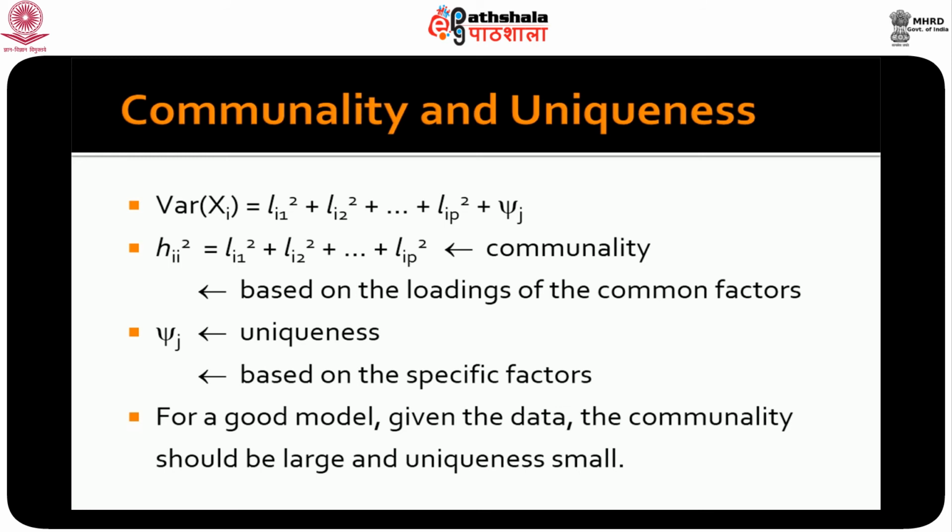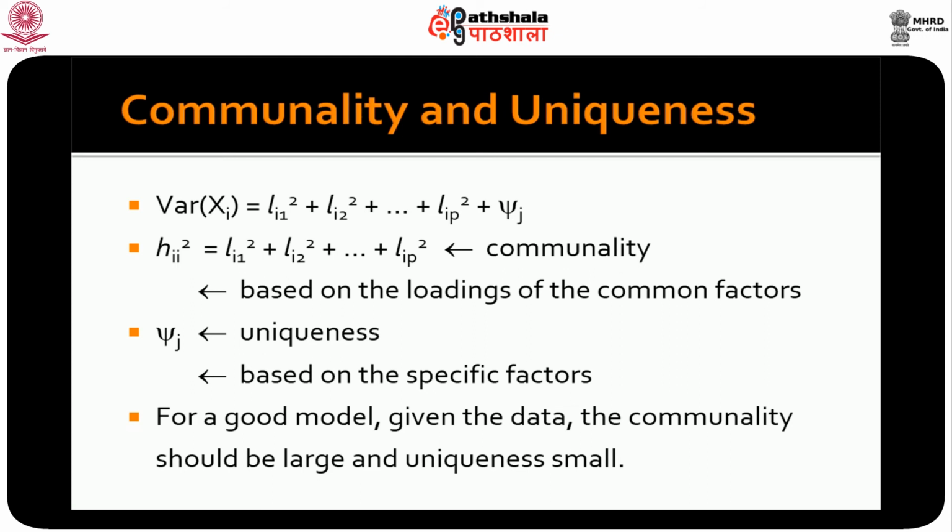So, one part of the variance of x is explained together by the different factors, common factors, and hence we say that it is the communality, and the other is a unique factor given by the specific factor corresponding to the given variable. So, it is only unique to the particular variable we are concerned with.